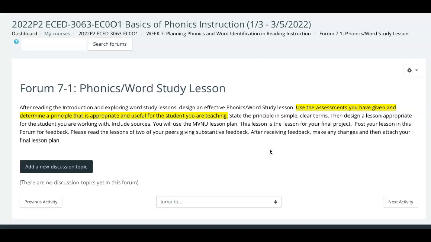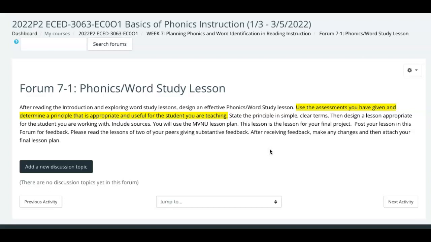Are you working on building words with intact letter patterns, which is vowel partners, vowel teams? Are you looking at beginning sounds in words? So you're going to state that.